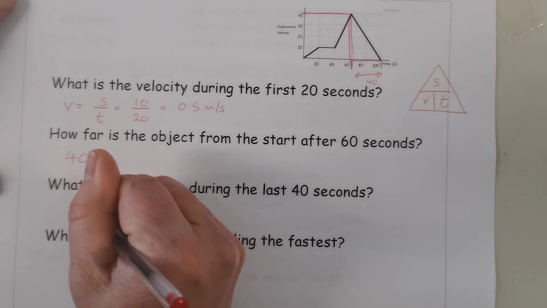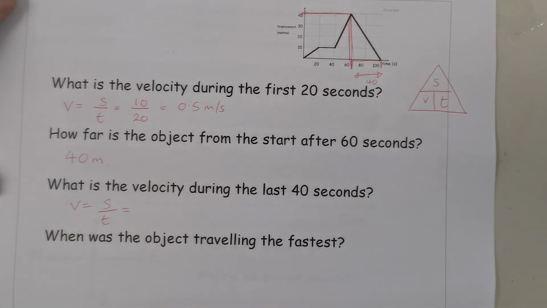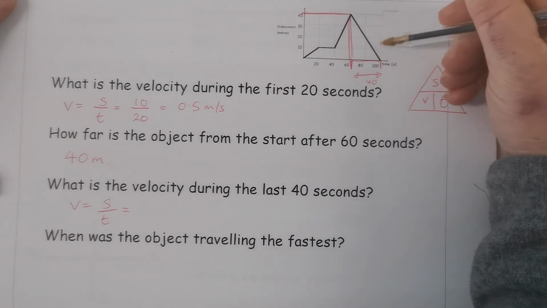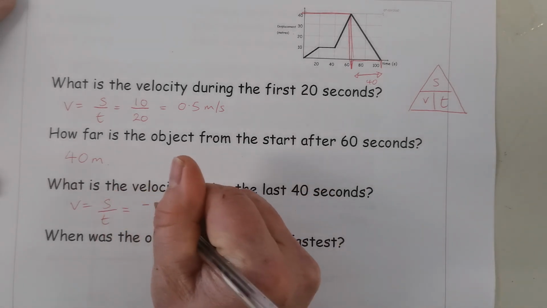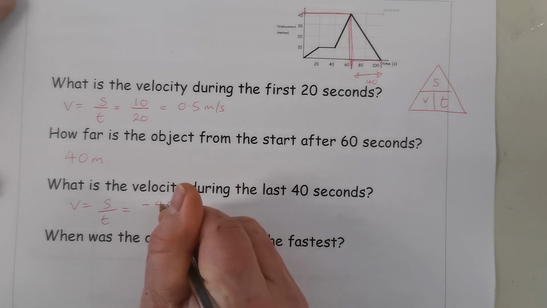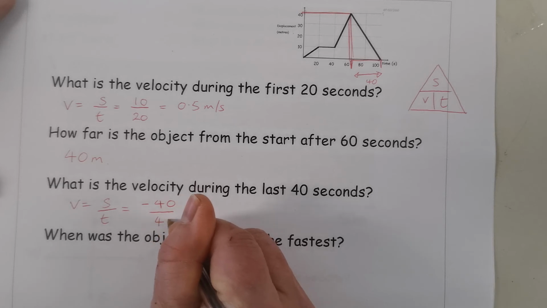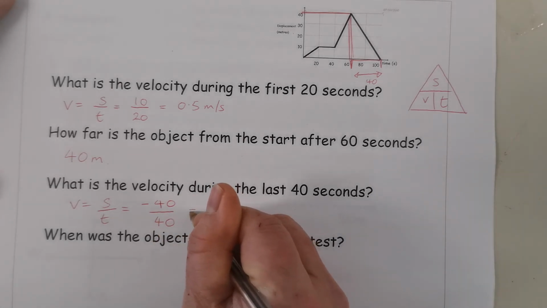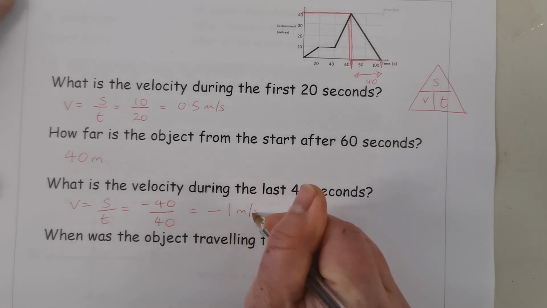Well, velocity is displacement divided by time. It comes back 40 meters, so I'm actually going to write minus 40 there. I suppose I could really get away with that because it's coming back. It is a vector. 40 divided by 40, and its velocity here is minus 1 meters per second.